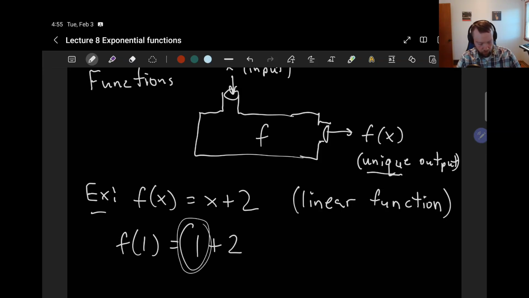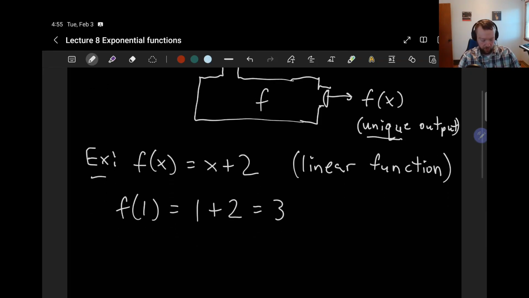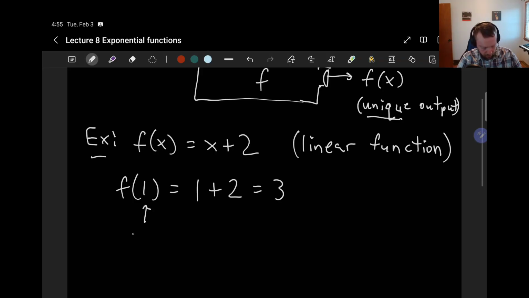So you just substitute 1 in for x. f of 1 is 3. So 1, your x, is your input, and then 3 is that unique output.